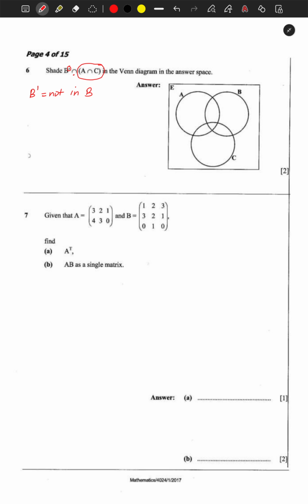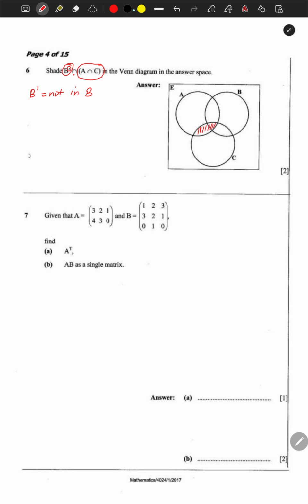So where is A intersect C? You discover that A intersect C is actually everything here. But they are saying they don't want anything to do with B. Which part has got anything to do with B?